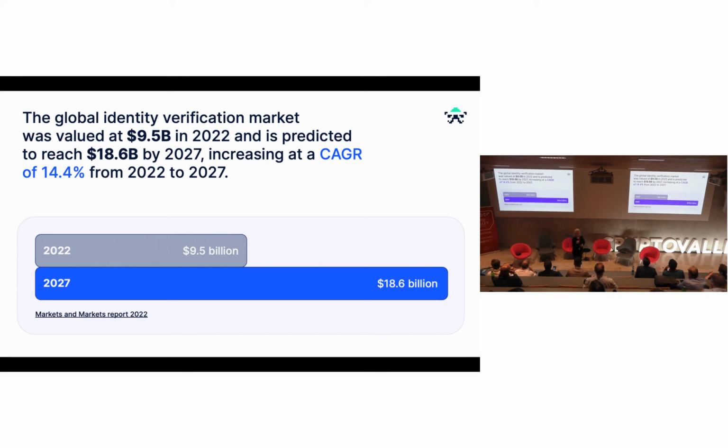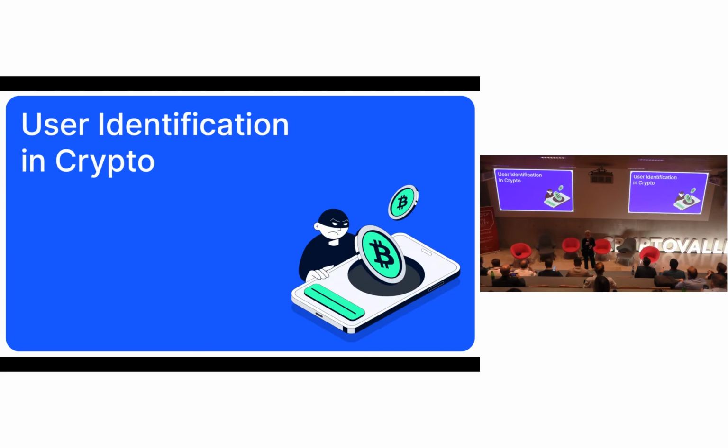Last year it was calculated at around 10 billion, and it's forecast to grow even further, doubling by 2027. What does it mean for us? I don't think these numbers are actually relevant for our understanding. Is it good for our business or bad? But it means that regulators are really interested to see who is going to be verified, how, and what this data will be used for.